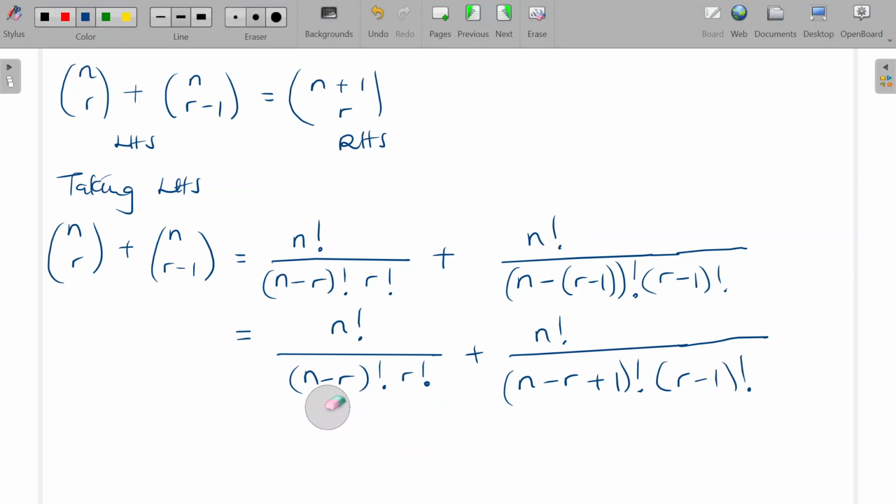The first one is n minus r. This side there is also n minus r, but it has a plus 1. You've seen that these two are similar, just that one is bigger than the other. Are we all able to see that? Yes. Then again, this one and this one are similar, just that one is bigger than the other.